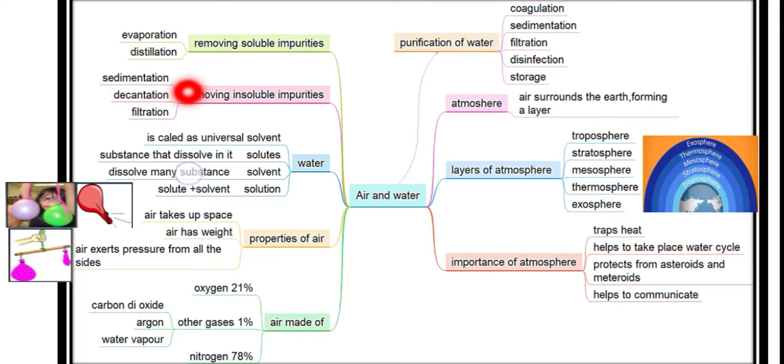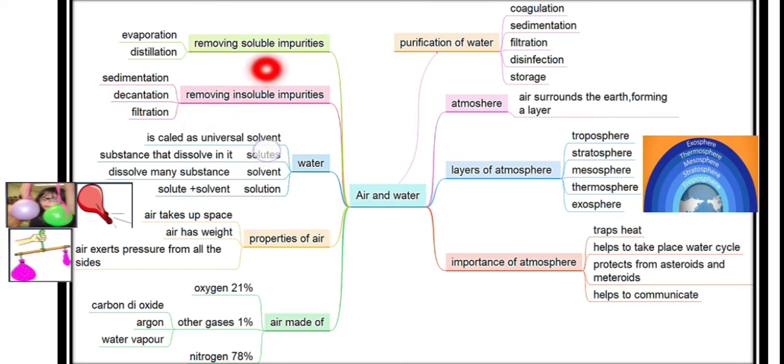It is defined as the separation process in which two immiscible liquids are separated. This is done by pouring out the clear upper layer of the liquid. Filtration. It is the process of separating suspended solid matter from a liquid. So these are the 3 methods where we remove insoluble impurities from water.